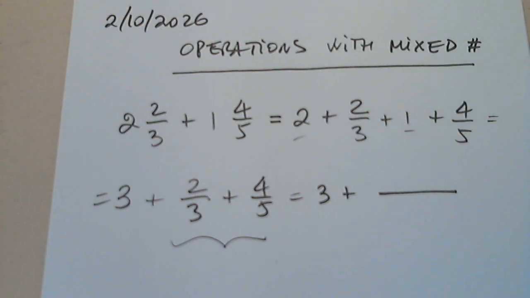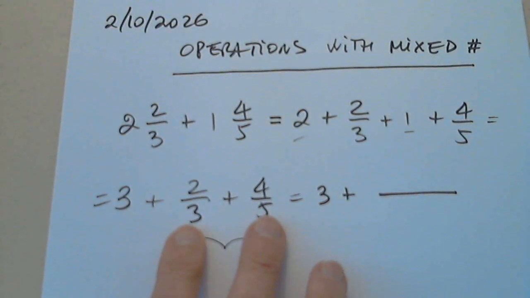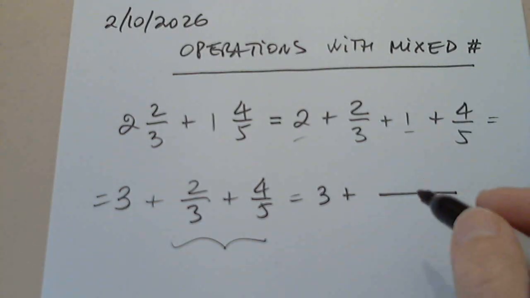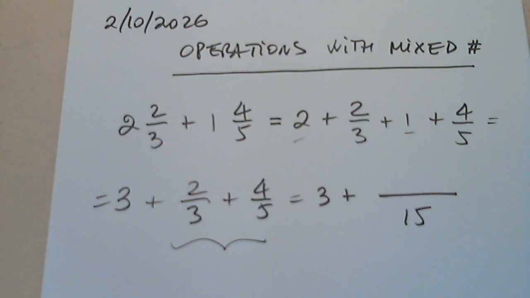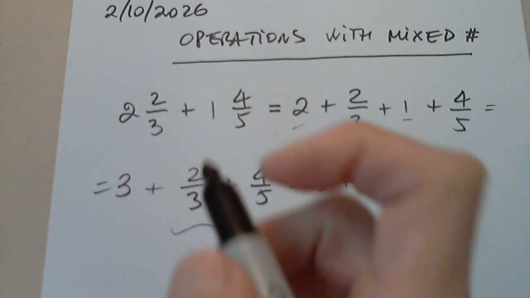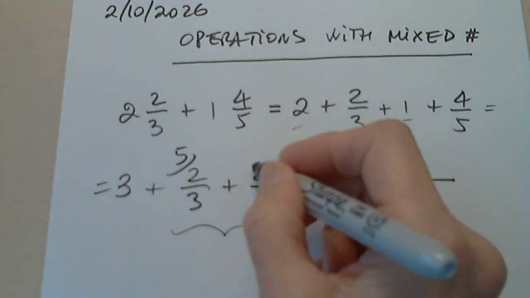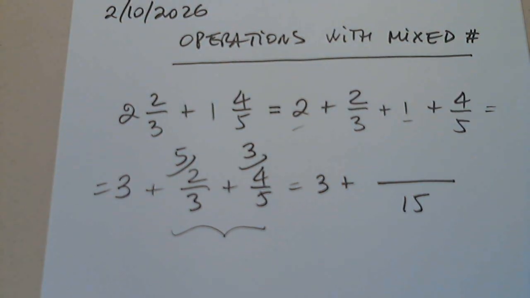What is it? When the denominators have no common factors, the least common denominator is 3 times 5. Exactly, so it's 15. Remember how we dealt with the adjustments last time? This needs to be multiplied by 5, and this needs to be multiplied by 3.